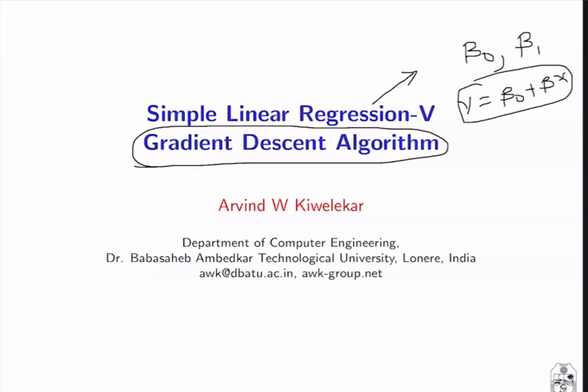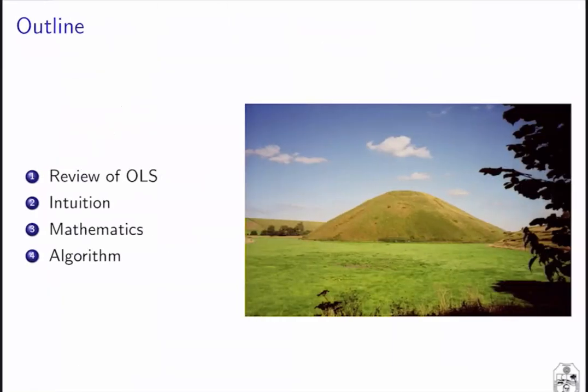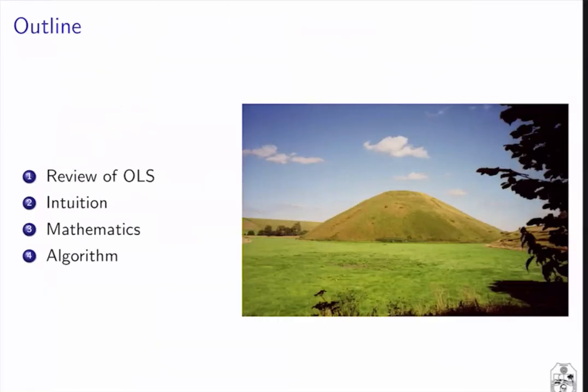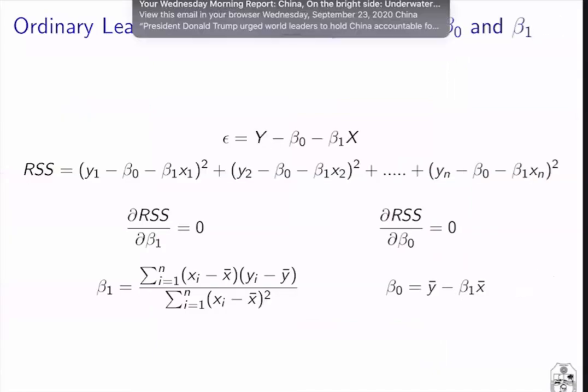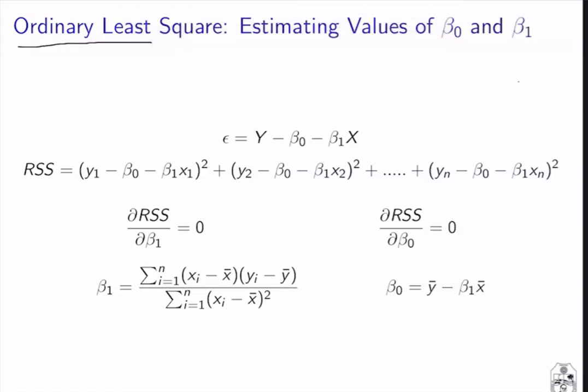And in our earlier video, we saw that ordinary least square is one of the methods, based upon the theory of statistics, to estimate the values of beta 0 and beta 1.